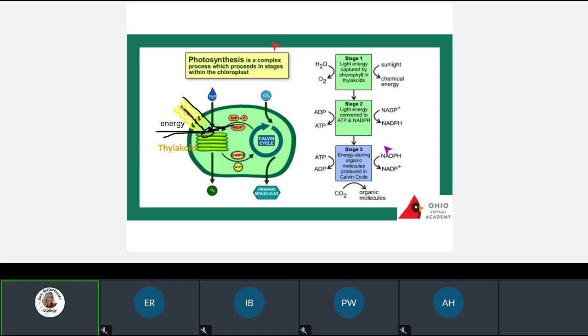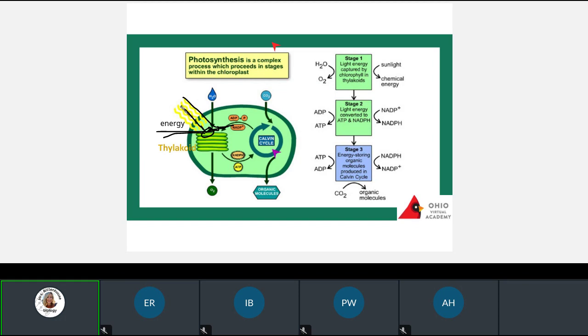We broke all those bonds in the next phase of cellular respiration to make ATP. And similarly, in photosynthesis, here in the thylakoid, we make a bunch of NADPH to send it over here to the Calvin cycle. And guess what we're going to do in the Calvin cycle?